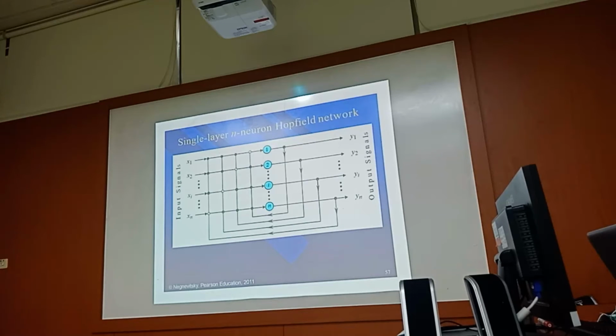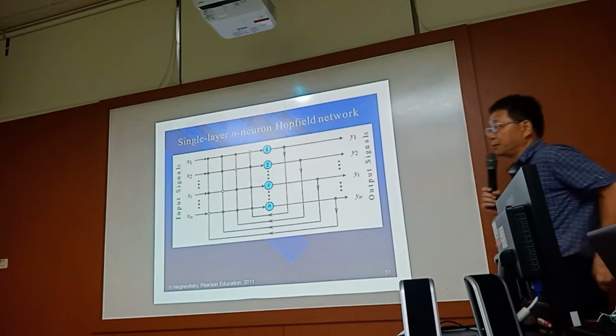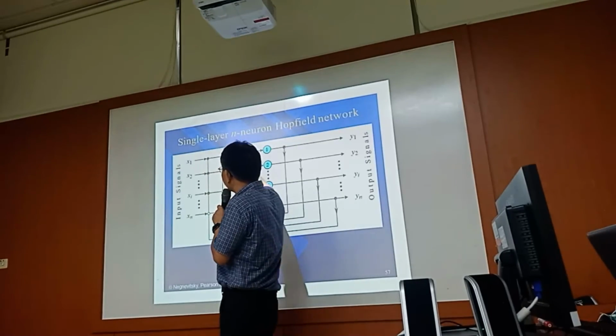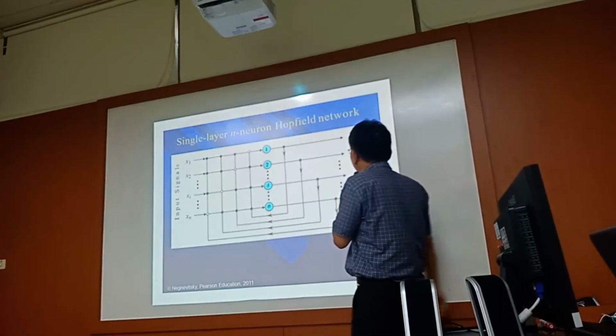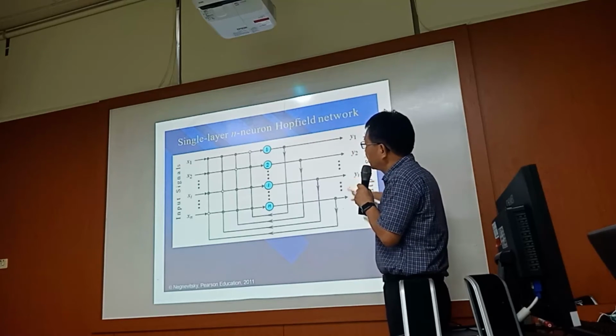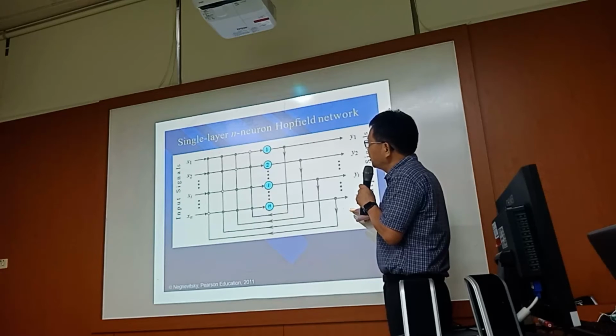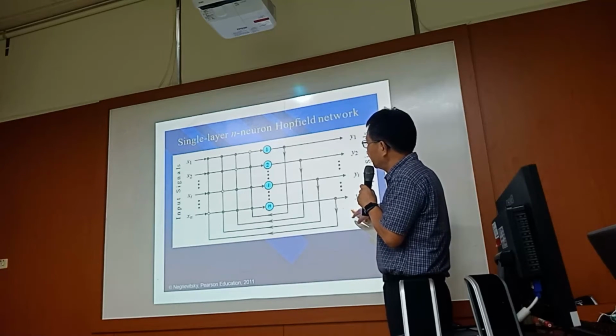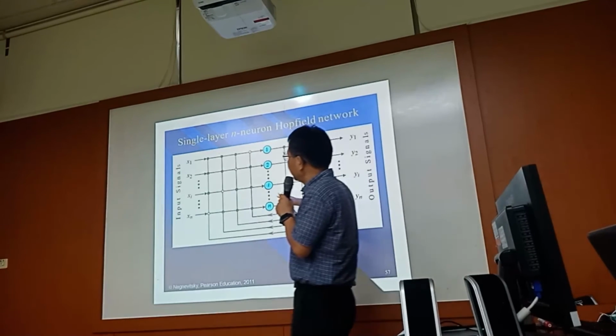The structure of this neural network is very simple. This is the input node, and then this is the output node. But the input node connection is different.